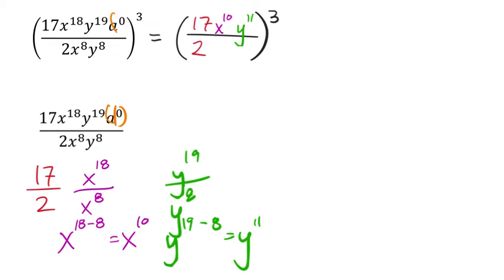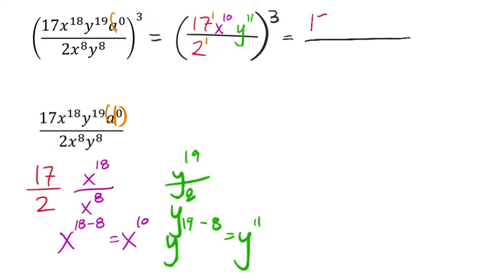So after all that simplification, I'm now left with only just a 2 on the bottom. That's still not a problem. But what I am ready to do is to take the exponents, so the 17 and 2 have 1 exponent. I'm going to take that 3 and multiply it by all the exponents of the bases.